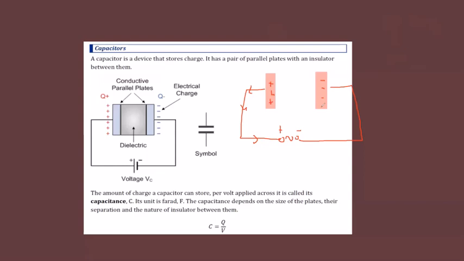Why can a capacitor not work with AC? The reason is that alternating current continuously changes its direction. If first this is positive and the other one negative, the current moves towards this side.